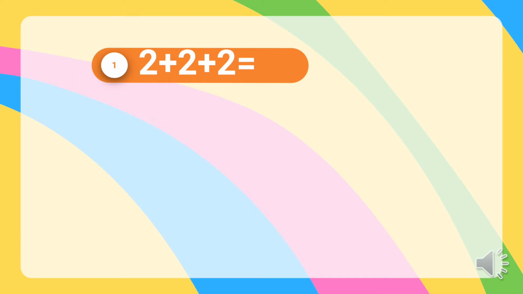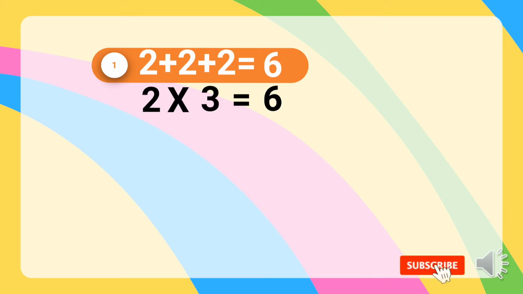Let's have another example. 2 plus 2 plus 2 is equal to 6. In this equation, we use the addition operation. What is the equivalent operation of this equation? So let's have the multiplication form. 2 times 3 is equal to 6.